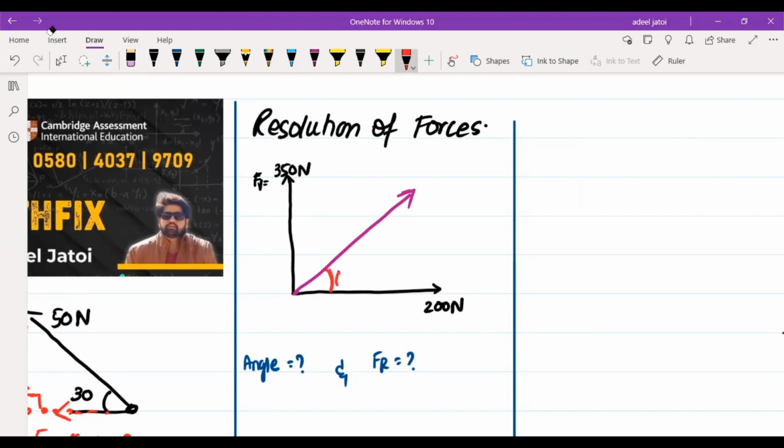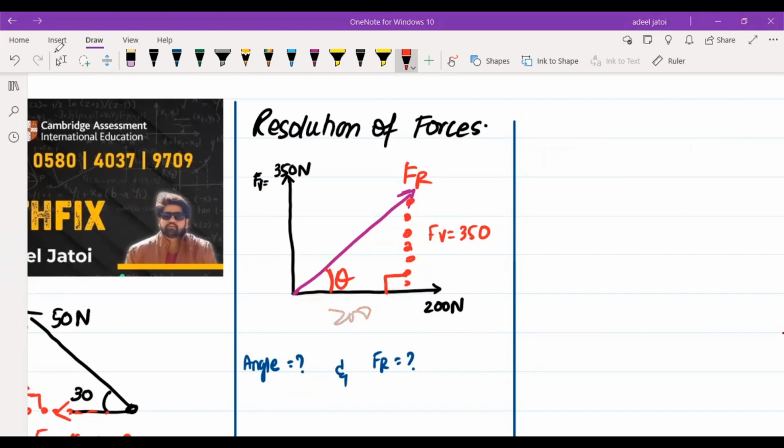One is the angle and the other one is the force resultant. For this, what you need to understand is that this will be your vertical force. Now you already know that your vertical FV is 350, because if this is 350, then obviously this side will also be 350, the same force. And this is already 200 acting towards right.